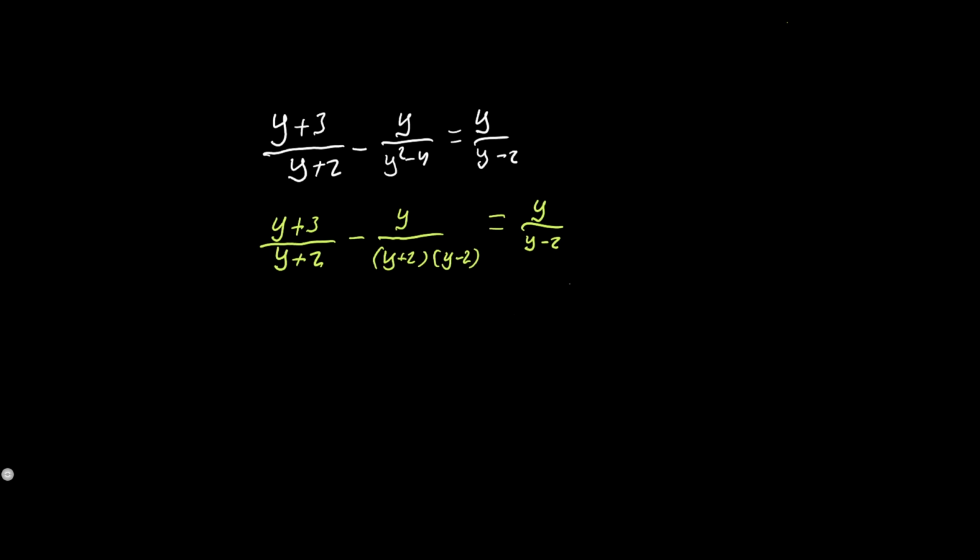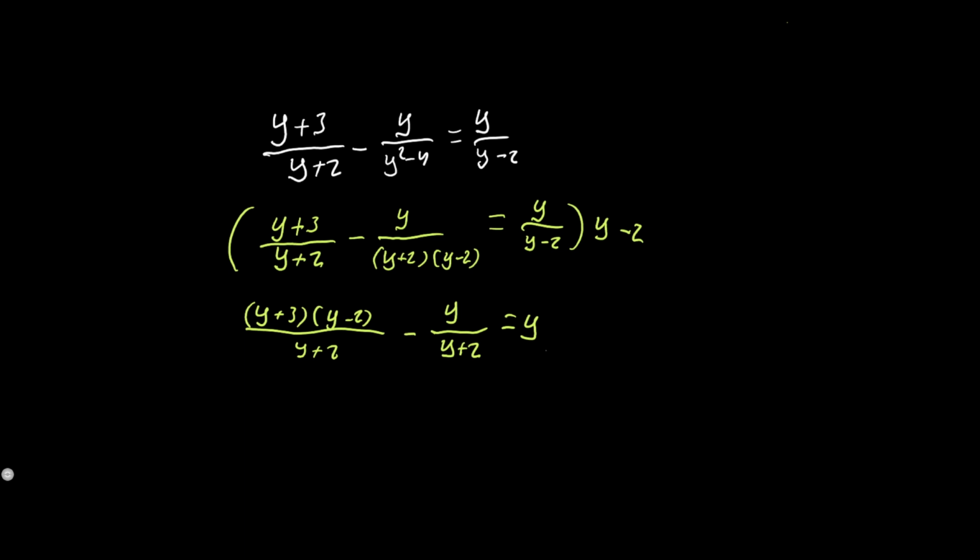So here, we can now multiply the entire equation by y minus 2. And here we're going to get (y + 3)(y − 2)/(y + 2) minus y/(y + 2), and that is equal to y.